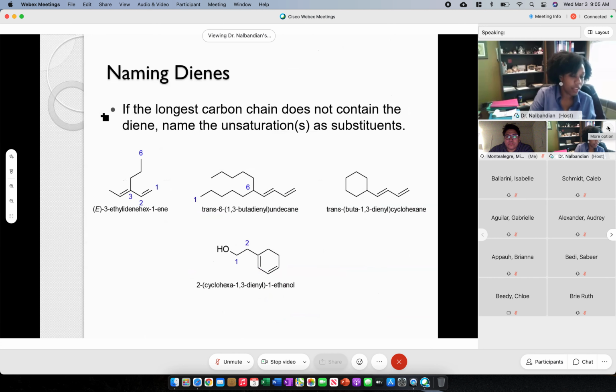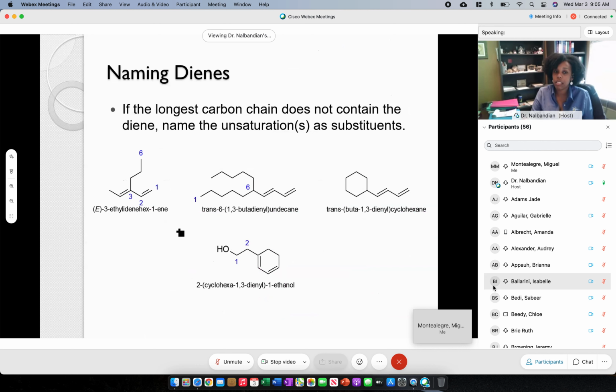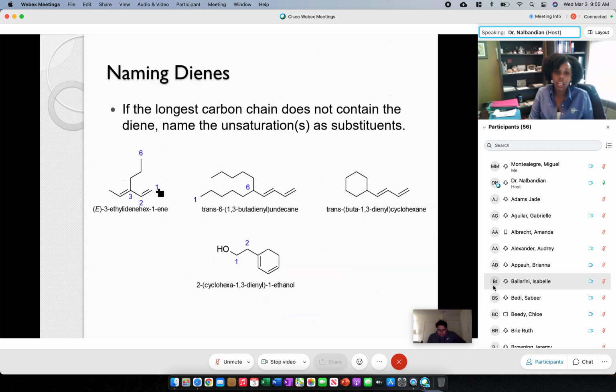All right. Then as we continue this, we need to look at what happens if our longest carbon chain is not part of those two alkenes. So here our longest carbon chain is 6 carbons. One of the alkenes isn't included, right? Here's carbon 1, 2 of the substituent.